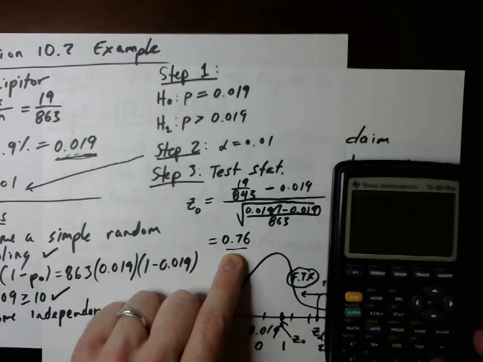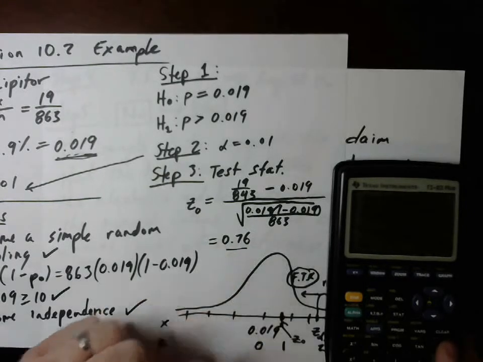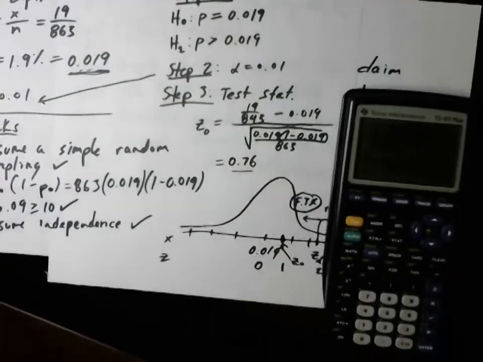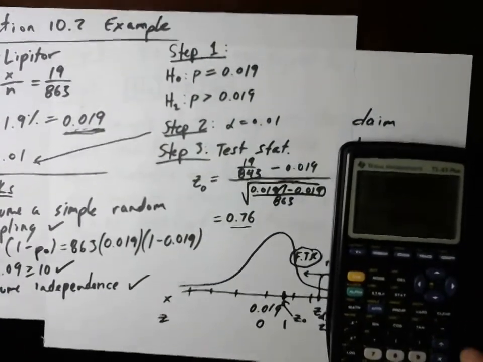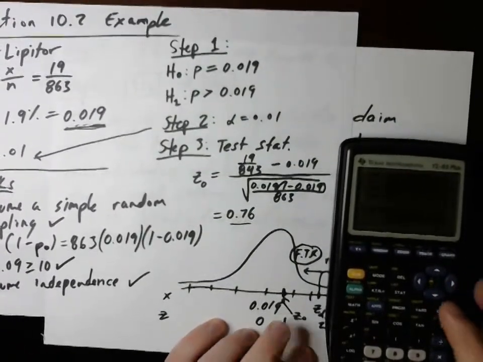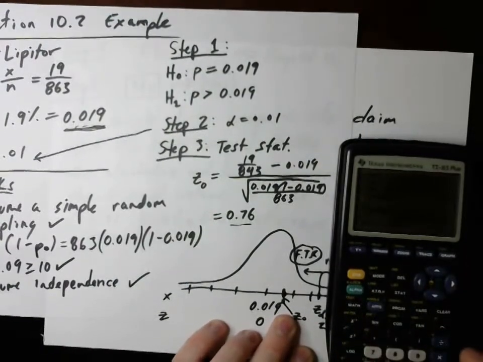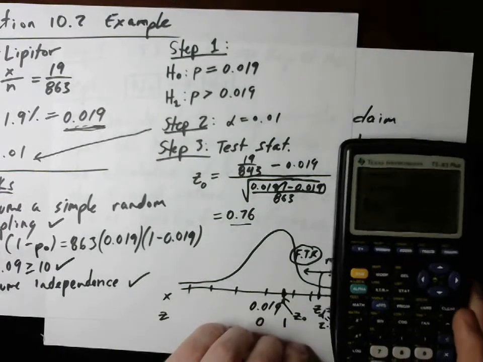And then we divide by the square root of 0.019 times 0.981 divided by 863. 0.76.